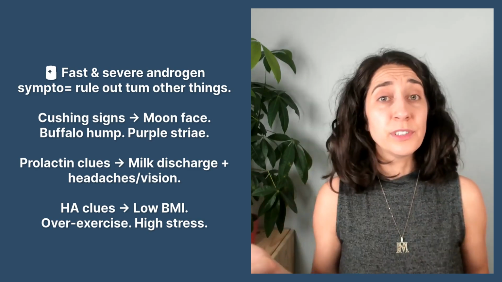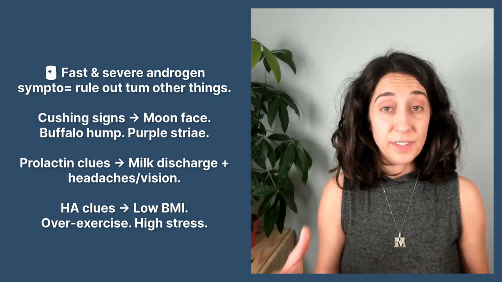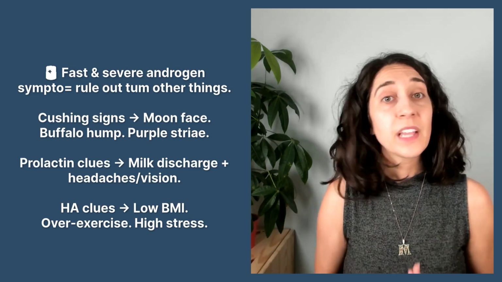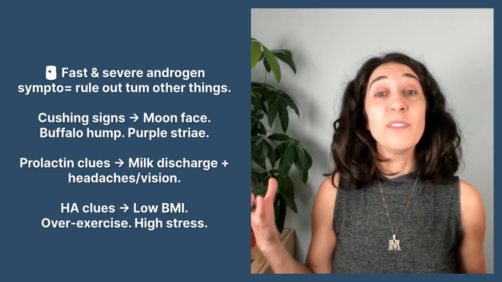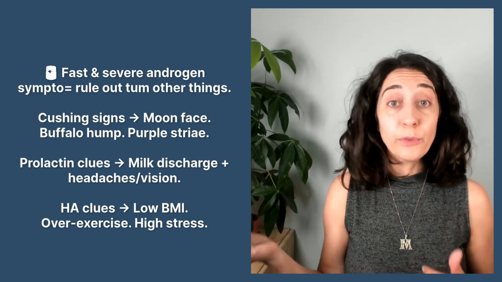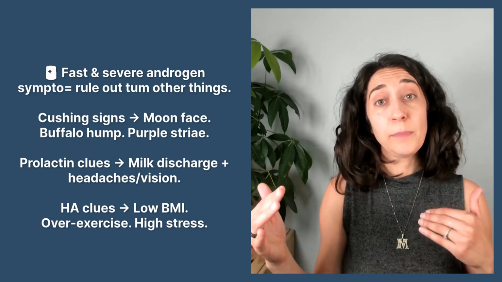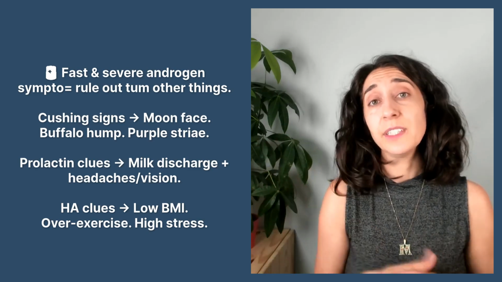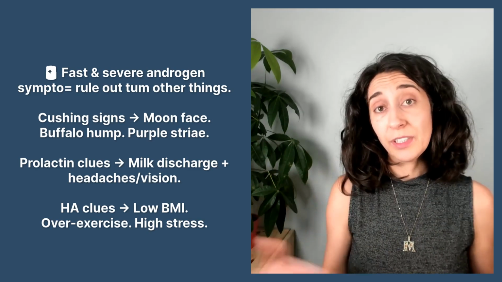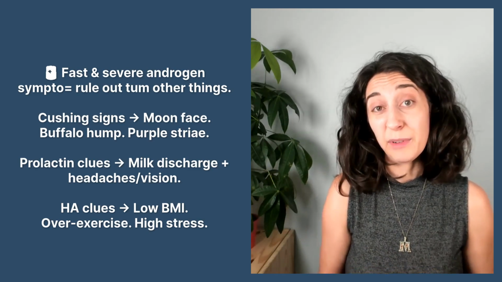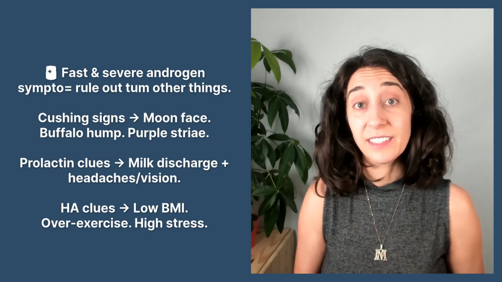Androgen secreting tumors, if there's rapid or severe androgenic symptoms, or hypothalamic amenorrhea, if you're underweight or you've been over-exercising, or you've been losing weight. As long as there's been a significant discrepancy between energy in and energy out, we can experience hypothalamic amenorrhea, where your body's like, I'm going to chill out on this.